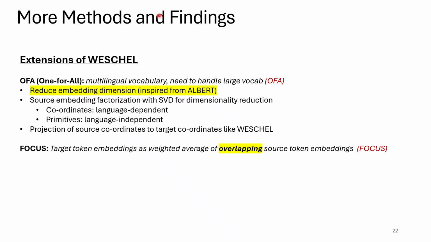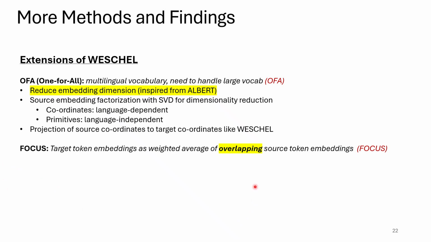So you basically factorize the embedding matrix into two components: coordinates, which is language dependent, and primitives, which is language independent, and then learn these, particularly the language dependent part, in a Wechsel style method.